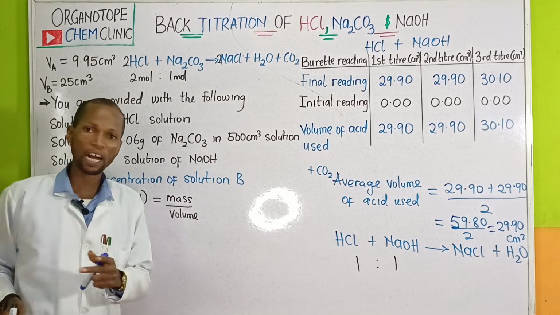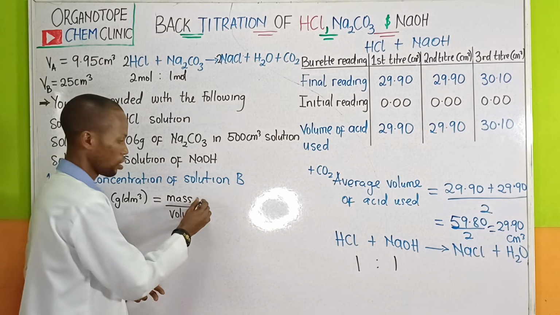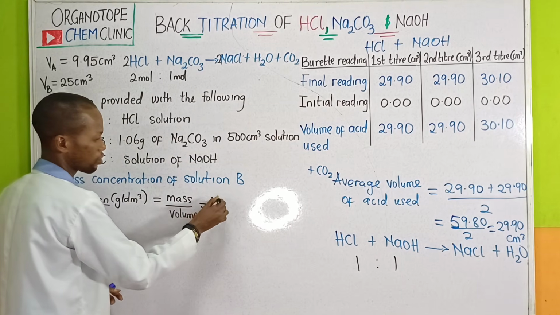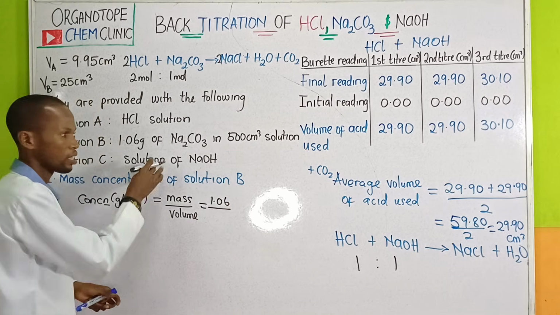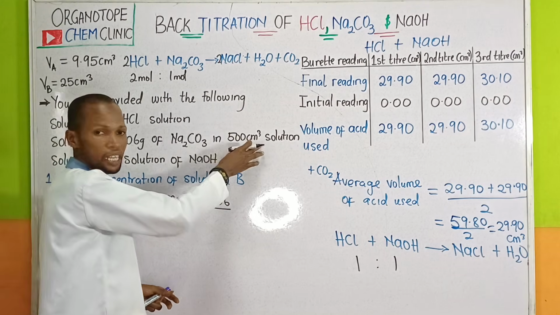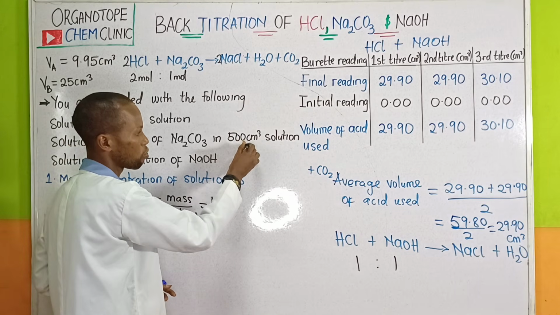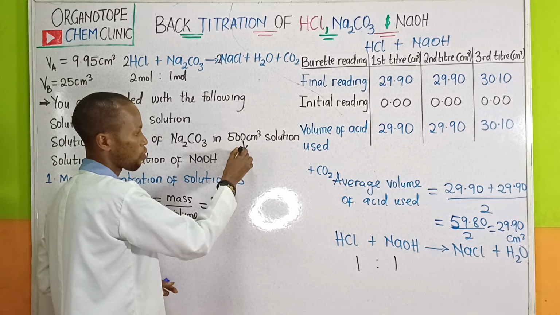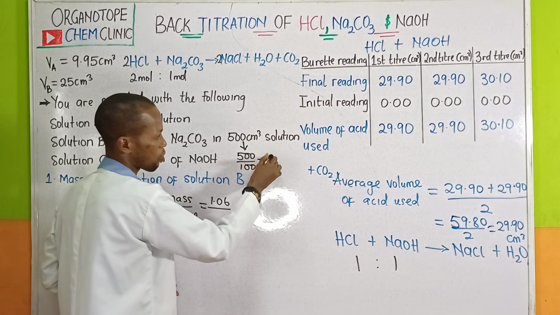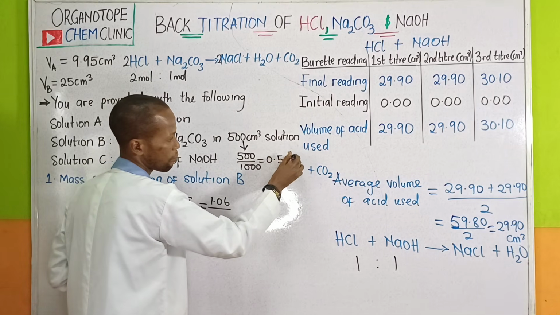We are expected to convert volume to dm³, okay? So we have, what is the mass of sodium carbonate? 1.06 divided by the volume of sodium carbonate solution, which is 500 cm³. So we are expected to convert this to dm³ by dividing by what? 1000. That's right. So when we divide this by 1000, we have 0.5 dm³.